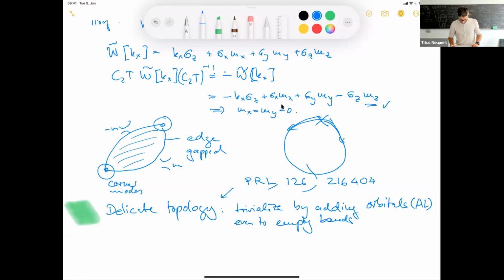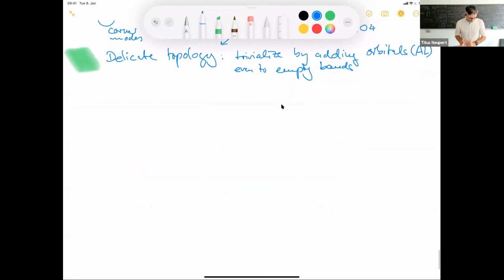All right. So go back to delicate topology. What's an example? There we go, a 2D system with mirror symmetry. And let's say M_y is equal to sigma z.